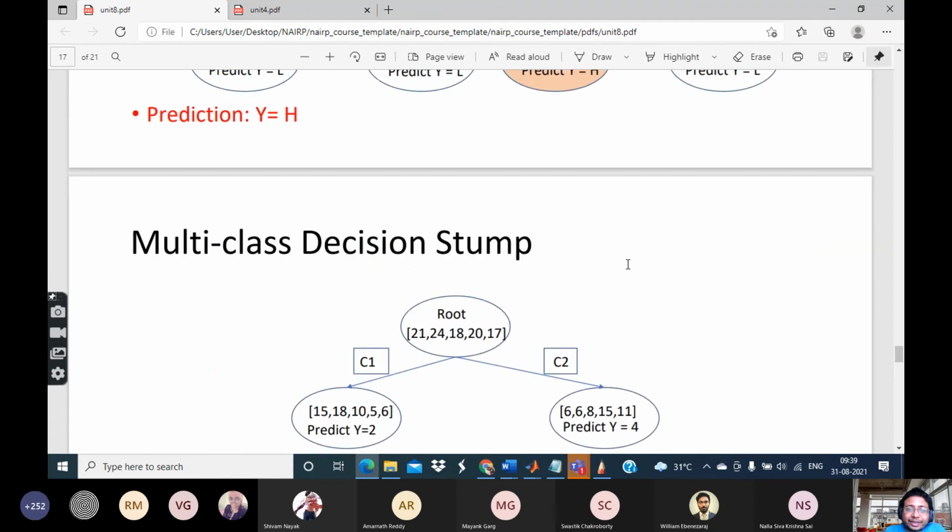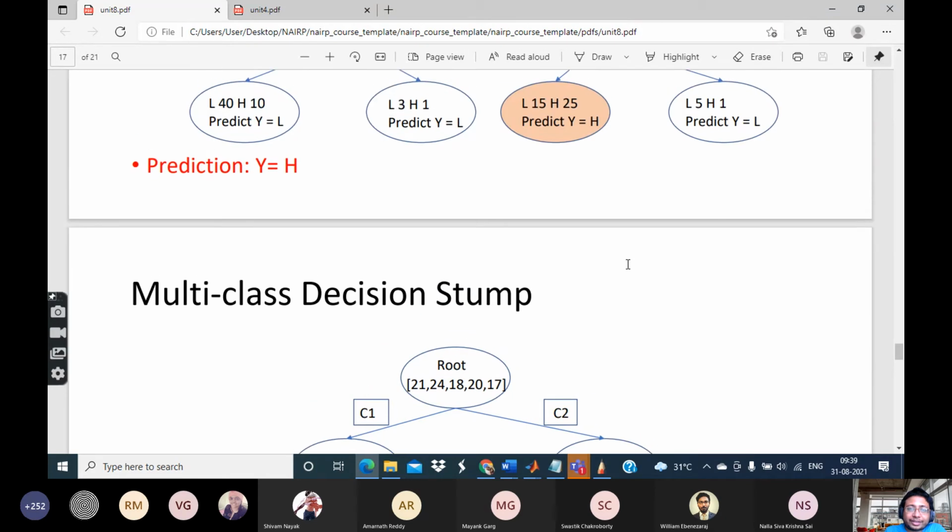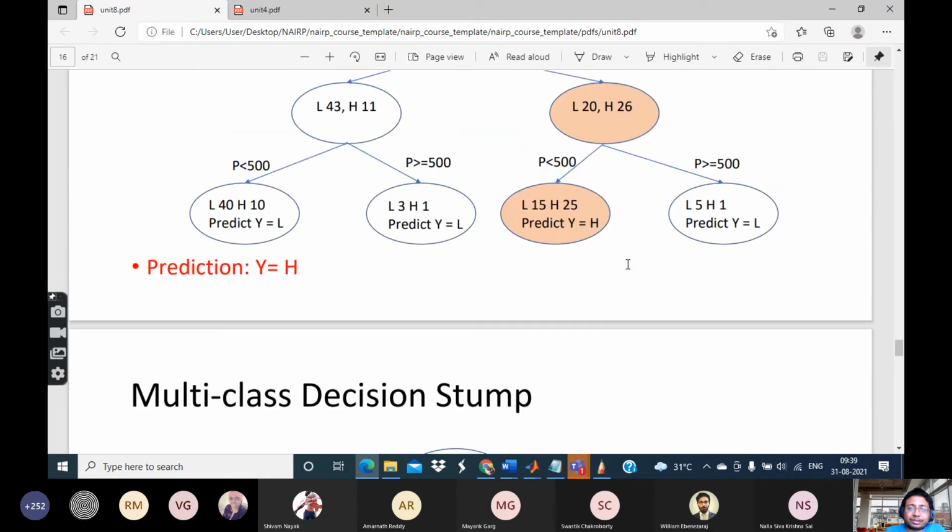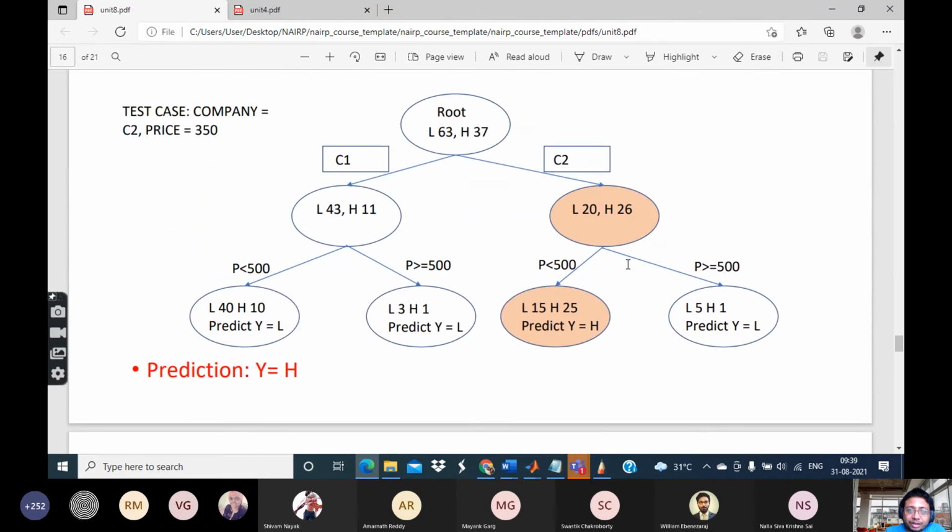You all know what variance is. Variance is the square of the standard deviation. Variance is a measure of dispersion, right? In a sense, what your entropy was giving you is also a measure of dispersion.